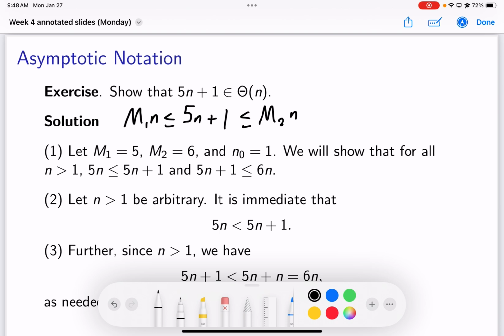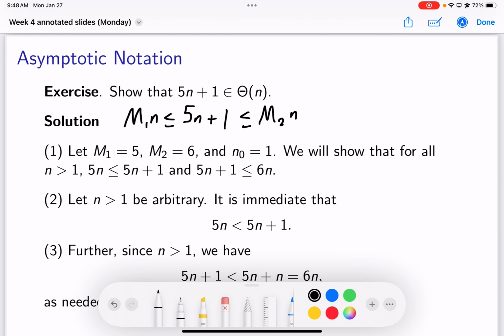So what should we do to m1? Well, the expressions already look pretty similar. We could guess that maybe 5 would work, and then it is immediate that obviously 5n is less than or equal to 5n plus 1.